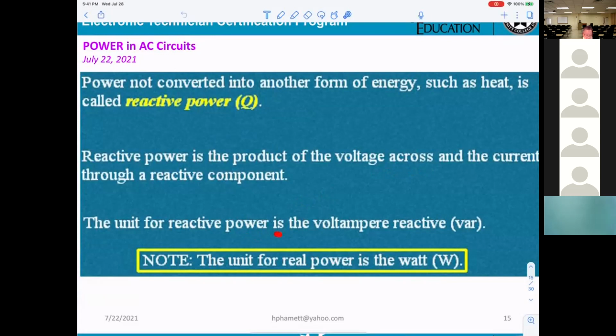The unit of reactive power, like we already said, is volt-ampere reactive, VAR. Remember, the unit of reactive power will be VAR, not watt. Watt is just a unit for real power. That power only happens in the resistor.